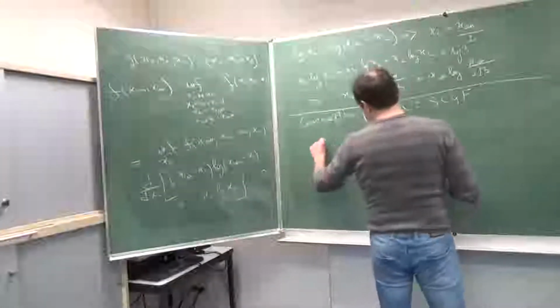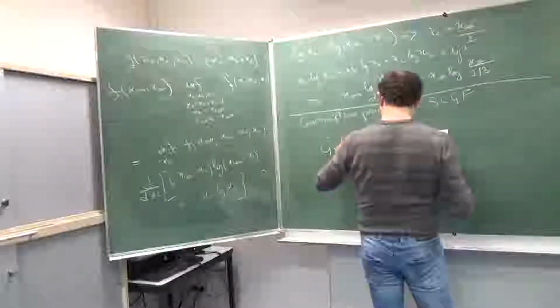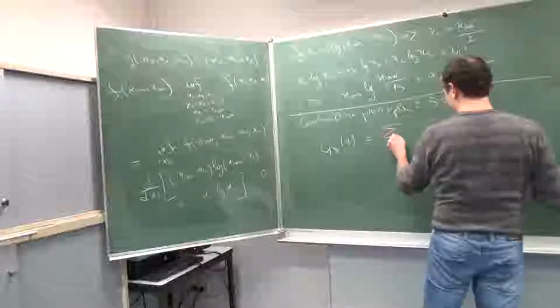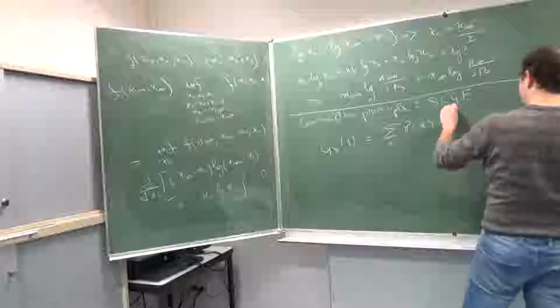Let's start from the moment generating function G_x of q, which is the usual sum over x of probability of x, e to the q x.